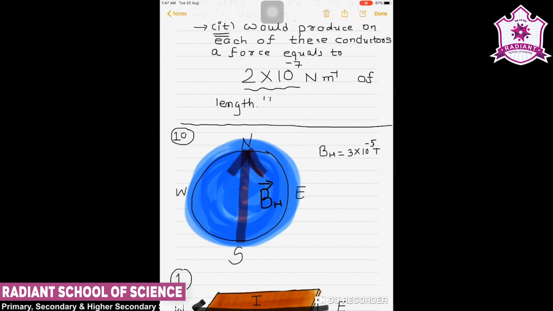The direction of the field is from the geographic south to the geographic north. Here in the figure, the blue color is a part of Earth, while the magnetic field inside the Earth is from geographical south to geographical north. Now a very long straight conductor is carrying a steady current of 1 ampere.